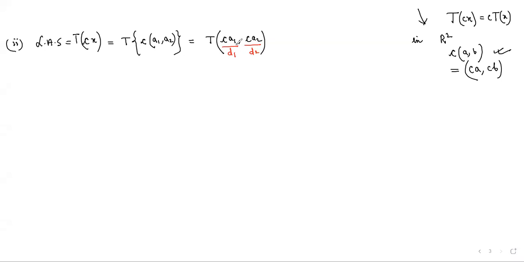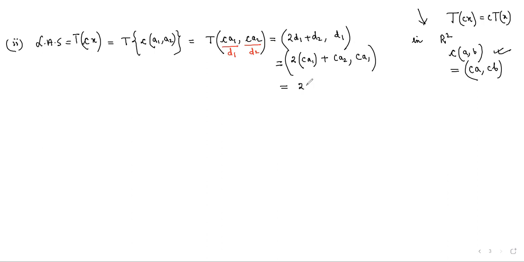Okay, so CA1 is D1 and CA2 is D2. So we can apply the definition once again in terms of D1 and D2. So it is 2D1 plus D2 comma D1. And you can replace the form of D1 and D2 over here. So we get D1 is CA1 and D2 is CA2 and D1 is CA1. So it's just a matter of renaming the things.